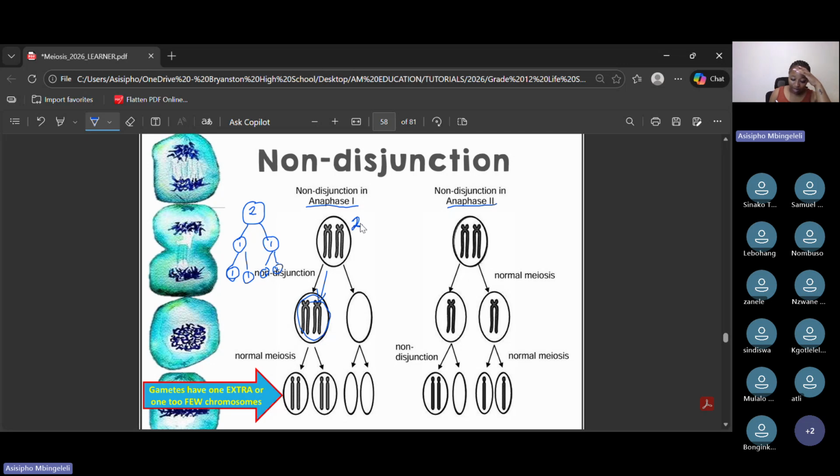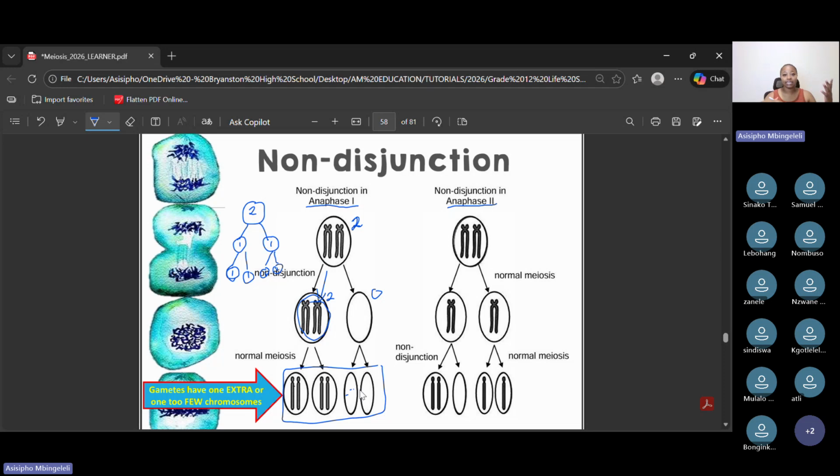We are ending up with a cell at the end of meiosis 1 having an extra chromosome. What about the other cell having no chromosome? So that means from the gametes that are formed now, we are having 2 cells with 2 chromosomes. And what about the other gametes? They don't have chromosomes. So that is non-disjunction.